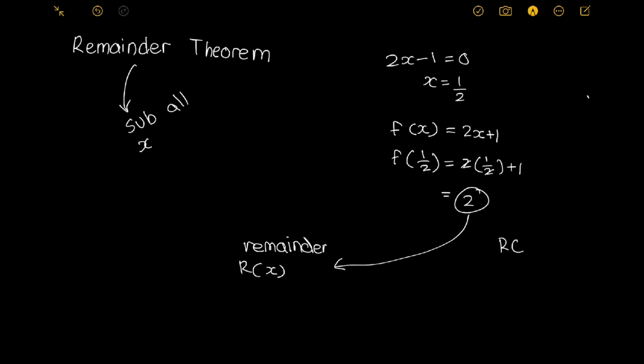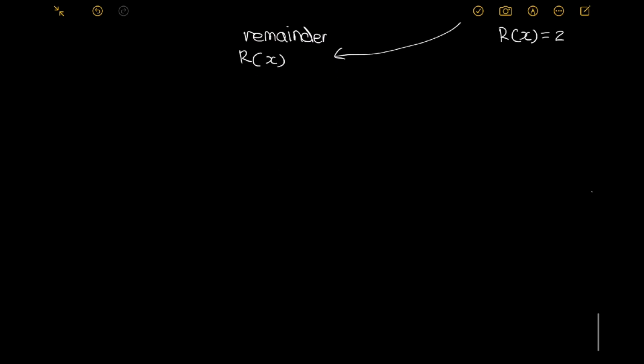Also written as R(x) equal to 2. Now let's see the question. The question given is, we need to find P(1/2) by using the remainder theorem, which is P(1/2) equal to the remainder.